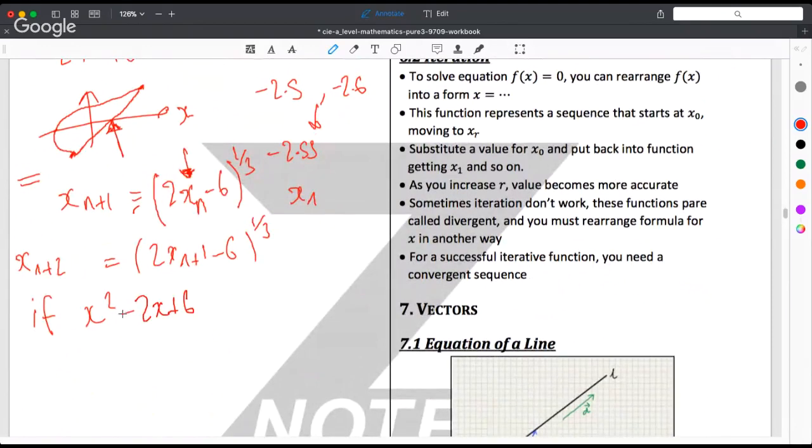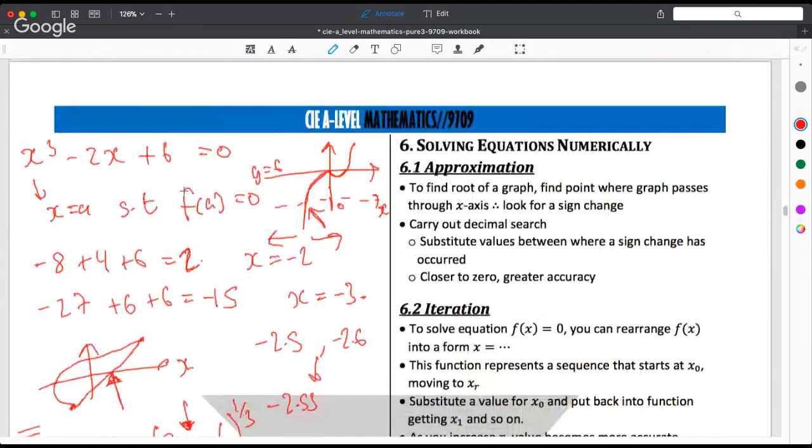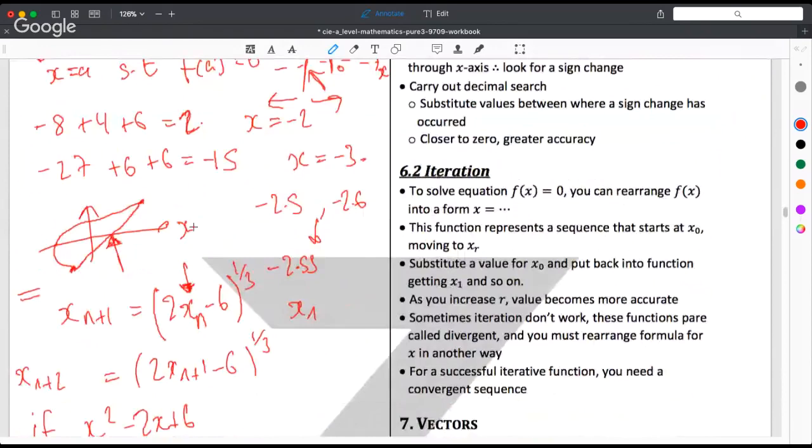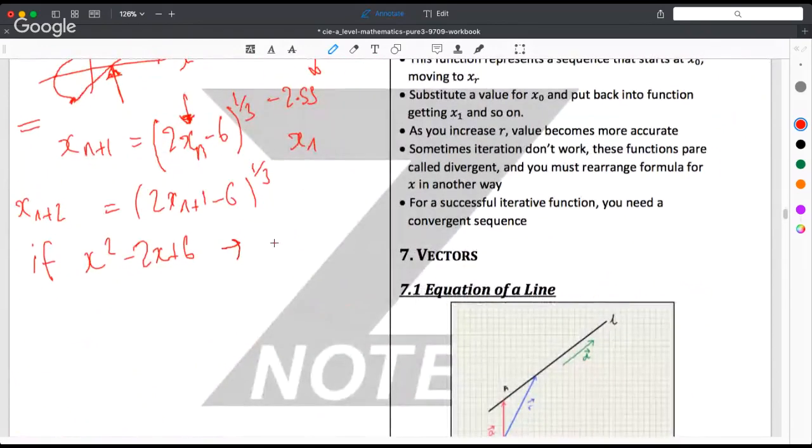I know you would never try and solve this using this iterative way because it's really easy to just complete the square, but then that would give us the exact same thing as we had before. Well, actually, no. Let's imagine this is a 4. Right, that makes it even better.